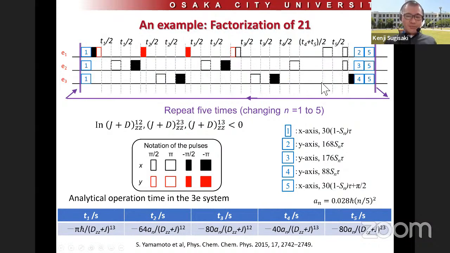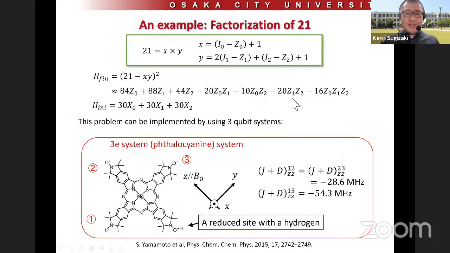By applying this approach, we can obtain the ground state, which in this case is 3 times 7, so x equals 3 and y equals 7. In this case, the first qubit is in the 1 state with the eigenvalue equal to -1.